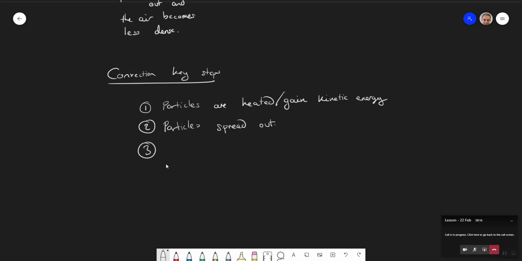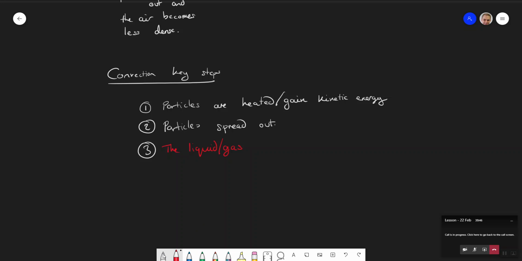And this therefore means that, depending on whether you're talking about a liquid or a gas, the liquid or the gas, okay, don't use the word particles here, because if you've got an oxygen molecule, making the oxygen 5 degrees warmer doesn't make the oxygen molecule itself less dense, but the oxygen particles are spread out.